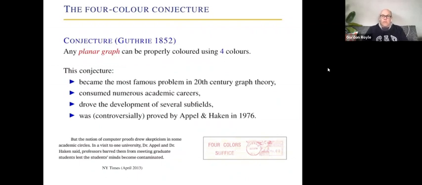And in those days, it was somewhat controversial because they used a computer to do a lot of case checking, and some people found that to be, well, you can see the quote on the left from the New York Times. One place that Appel and Haken visited, the professors prevented them from meeting grad students in case their minds become contaminated. The controversy, of course, has died down nowadays, where more and more results rely on computation in some way or other.